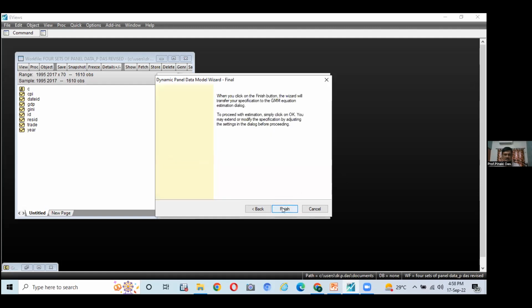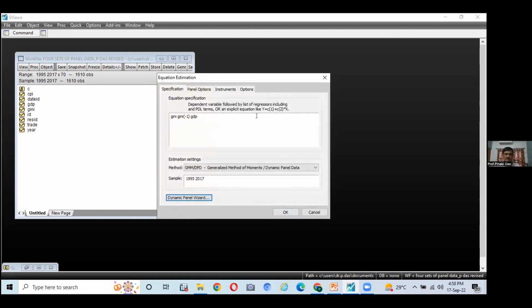Next, our task is complete, that is the task of the selection of the specific model in the dynamic panel model wizard. Then finish. This is the model that we have specified in the dynamic panel data regression wizard: Gini, then Gini -1, GDP, along with the instrumental variable as well as the time dummy variable. Okay, the selection of the model is fine.